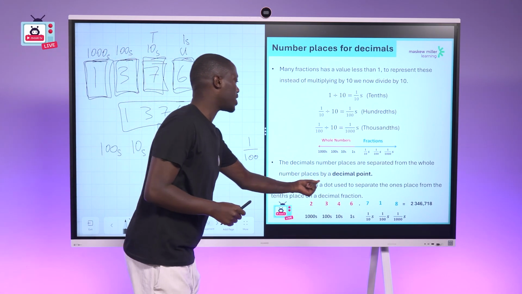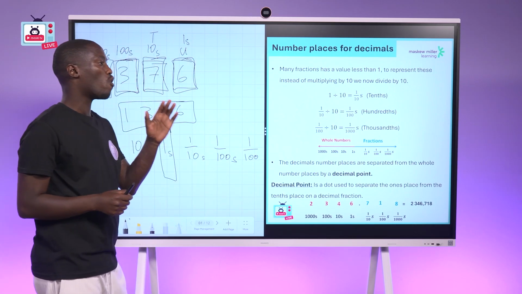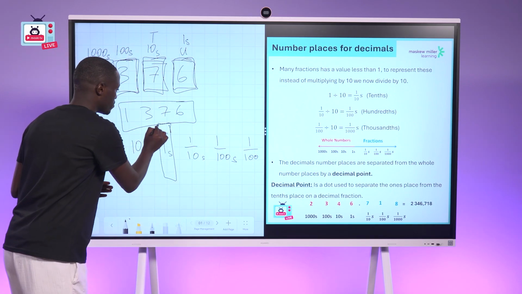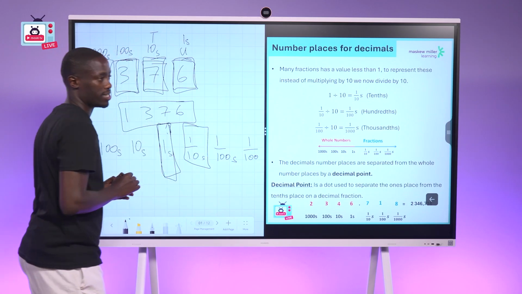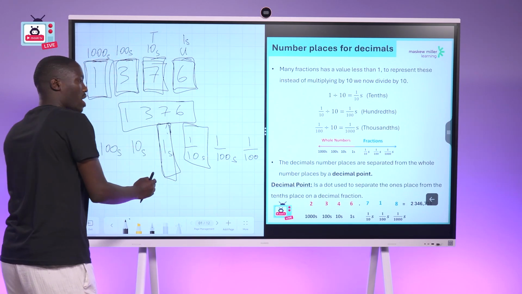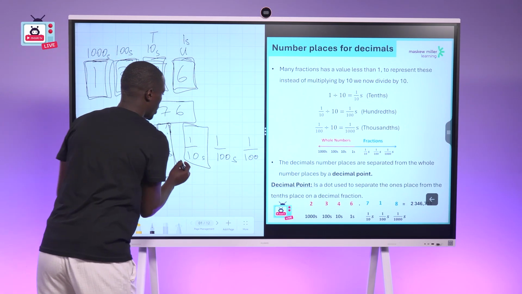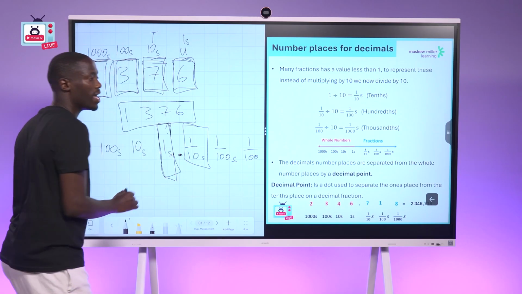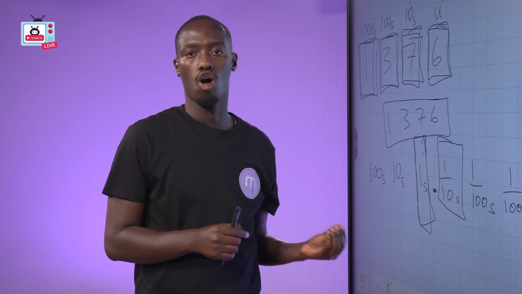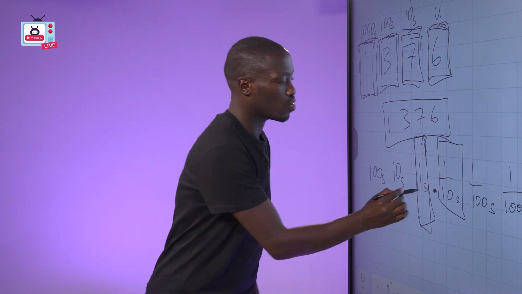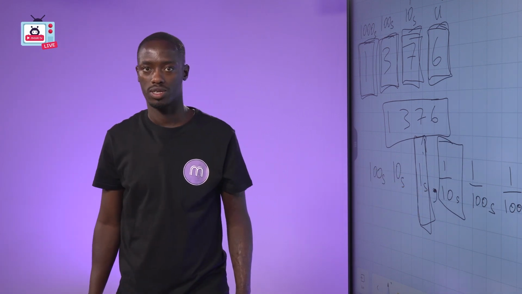The decimal point is a dot used to separate the ones place from the tenths place. So to separate the whole numbers and the decimal numbers, we use what we call a point. And that point, we're going to call it a comma. That point, we're going to use a comma for it.